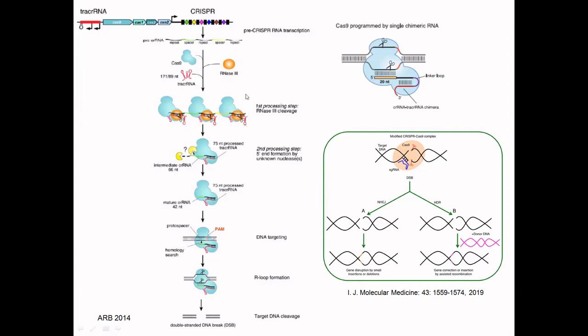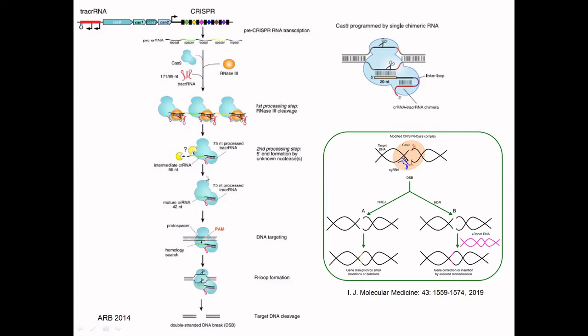After the first processing step by RNase-3 cleavage, this is processed. So this is one spacer and this is one repeat. One repeat is there, one tracer RNA is there, and this is the intermediate CRISPR RNA. Then there is a second processing.